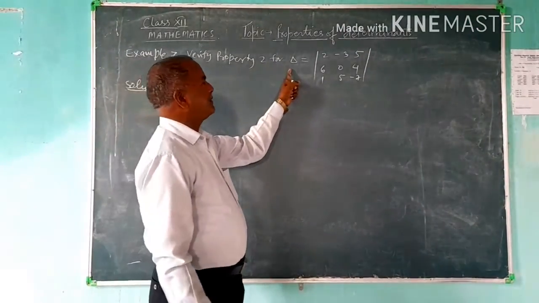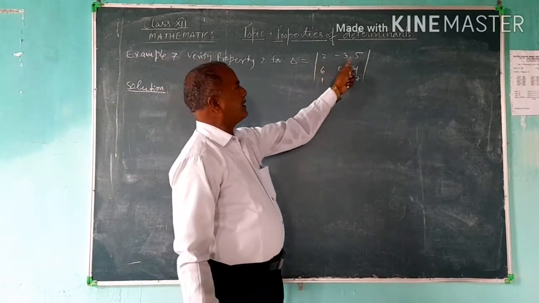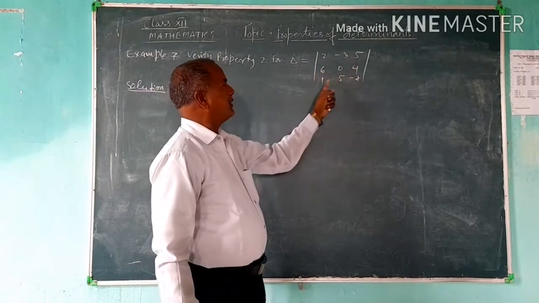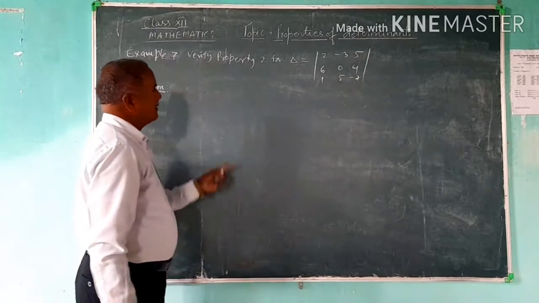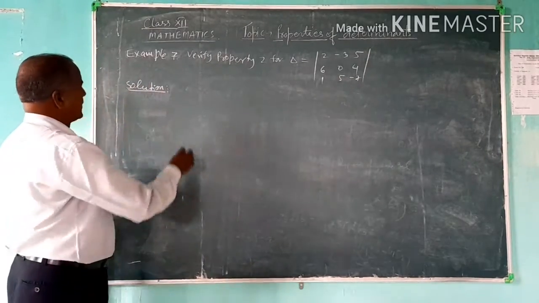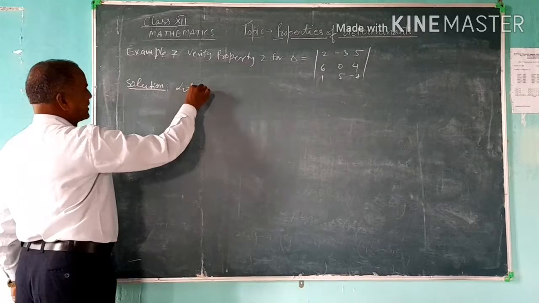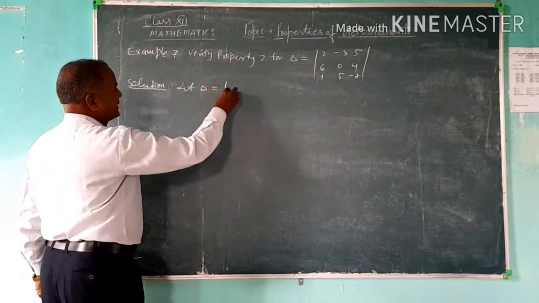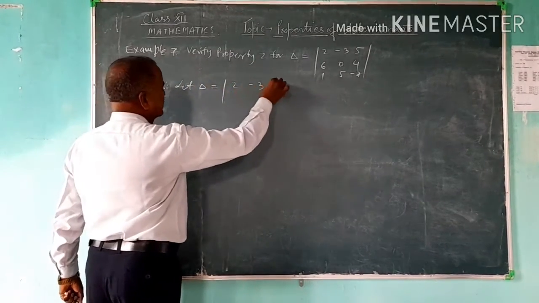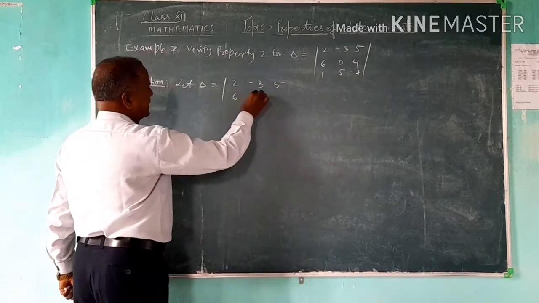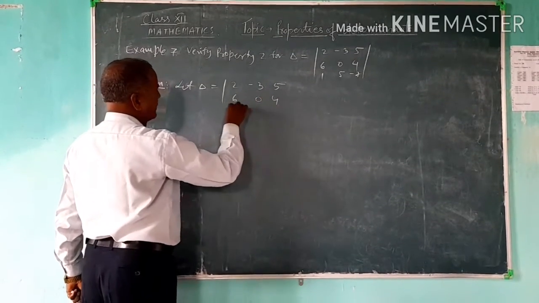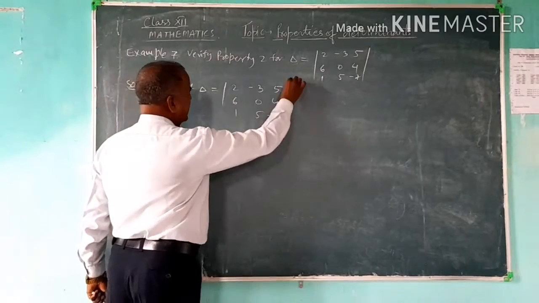Example 4 to verify: delta is equal to determinant 2 minus 3 5, 6 0 4, 1 5 minus 7. For this verification, we have a solution, and let delta be equal to this determinant.